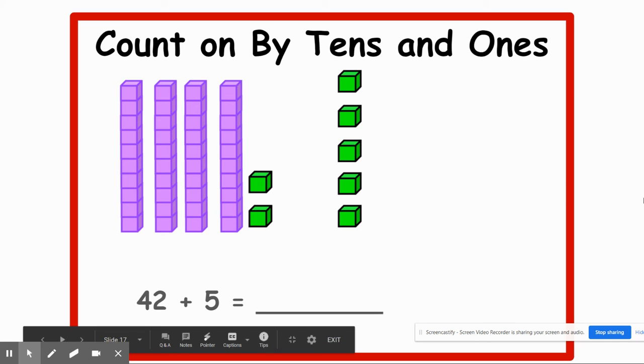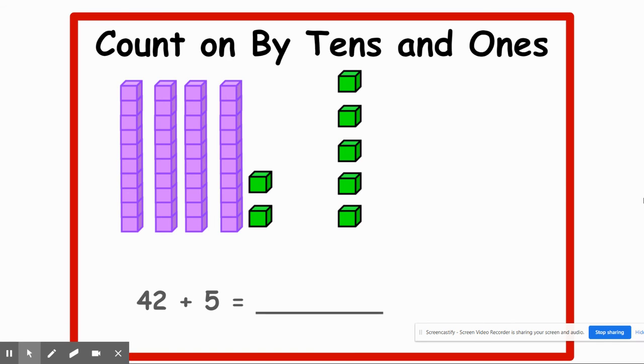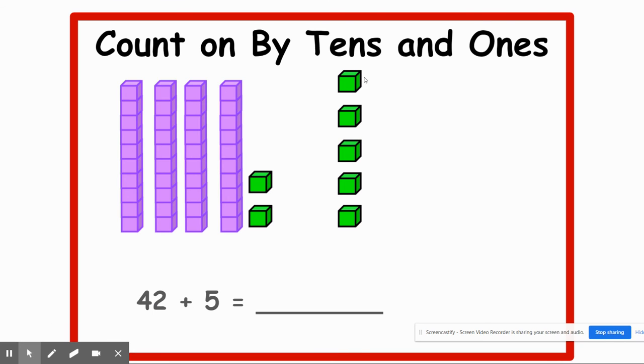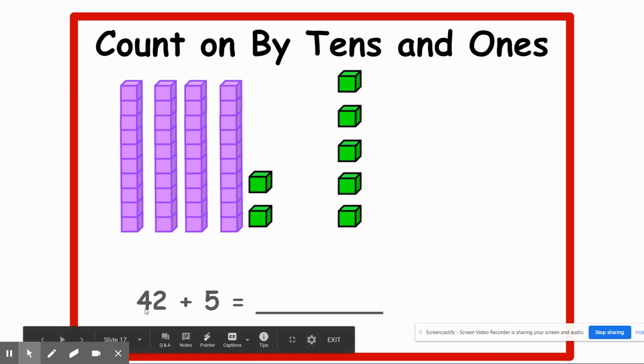Now we're going to talk about counting on by tens and ones. This is what our next math lesson is going to talk about. Let's look at this. Right here we have 1, 2, 3, 4 tens and 2 ones, and we want to add 5 ones. So here's your math sentence, 42 plus 5.